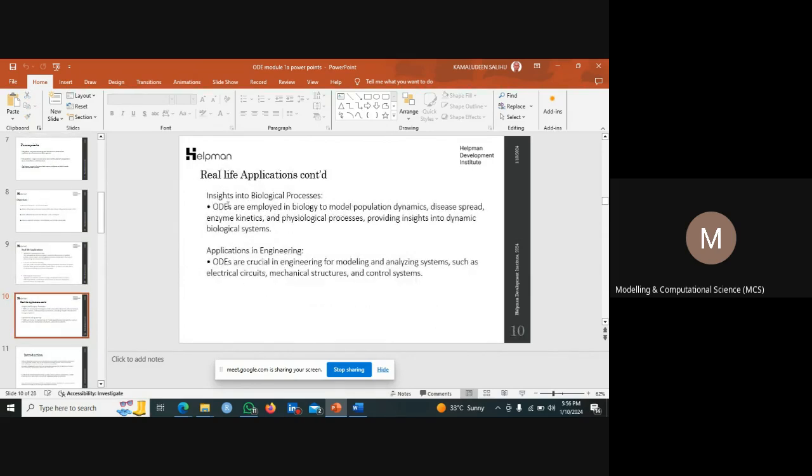Then insight into biological processes. In biology, we also use differential equations for population growth, to know the population of species. We use it in physics, where you see it in waves and so on.